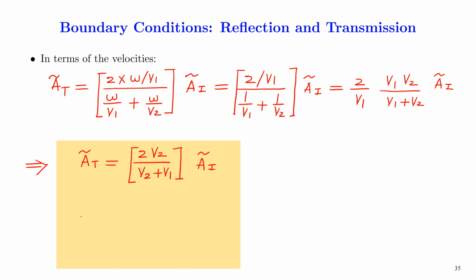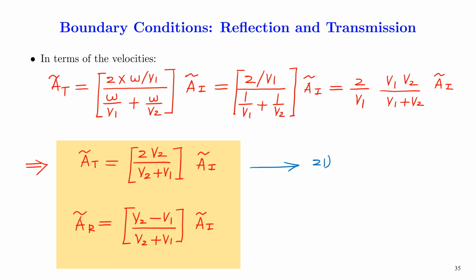In a similar manner, we can write the expression for AR as (v2 minus v1) divided by (v2 plus v1) multiplied by AI. We shall take these as equation number 21 and 22.